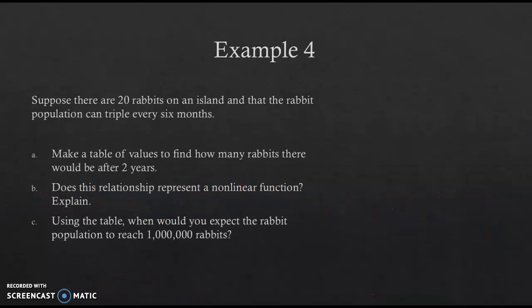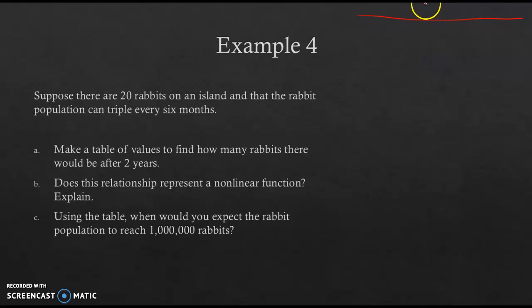All right, next word problem. Suppose there are 20 rabbits on an island and that the rabbit population can triple every 6 months. So we're going to make a table of values to find how many rabbits there would be after 2 years. So we have x, y.